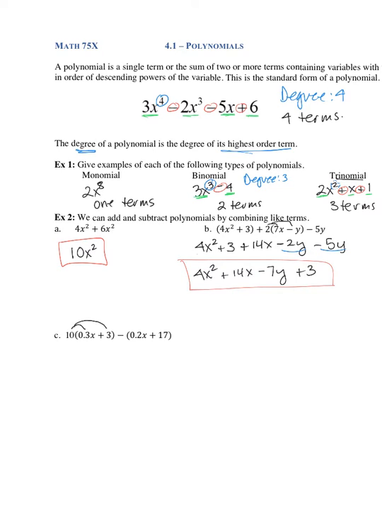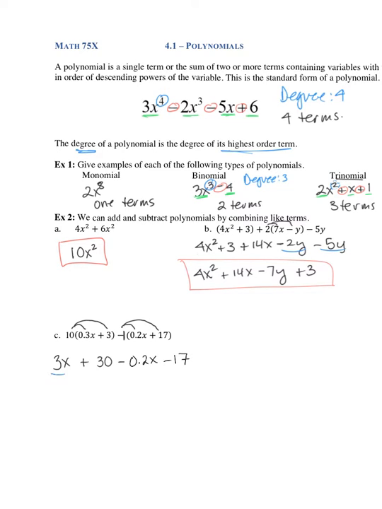Okay, so here let's go ahead and do this. We're going to distribute our 10, and then on here that's like a little minus 1, and we're going to distribute that as well. 10 times 0.3, that would be 3x. 10 times 3 is 30. And then we'll just change the signs on everything in the second polynomial. So minus 0.2x minus 17. Oops. And then we'll combine like terms.